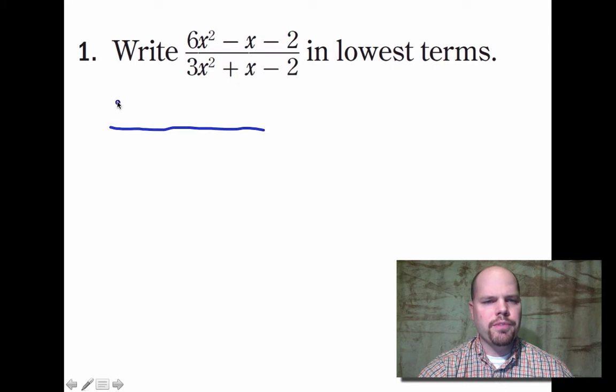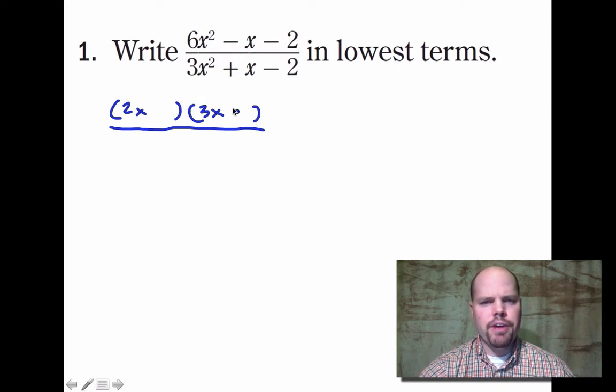So the top, the numerator, will factor into, well, we could try 6x and 1x, or we can try 2x and 3x. Let's try 2x and 3x. Now we need two numbers that multiply to be negative 2, so that's got to be 1 and negative 2 or vice versa, and then they add up to a negative 1.